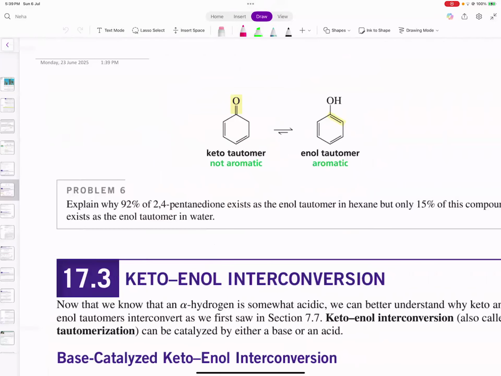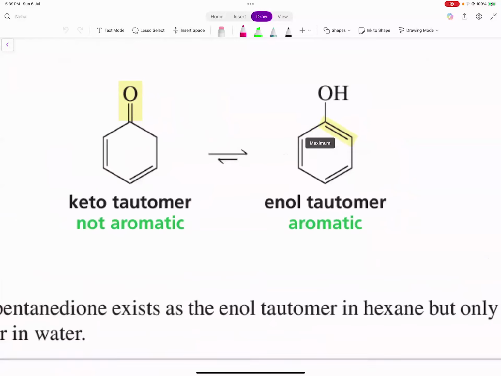And here, oh my God, enol is more stable than keto. Why?